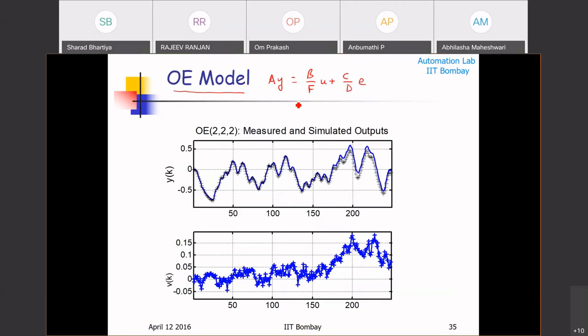Now, there are two broad ways of trying to model these. There are two broad families of models. One is known as the output error models, and the other is equation error models. And you'll see that these two come up just from your viewpoint. Let me, for a minute, write this simply.